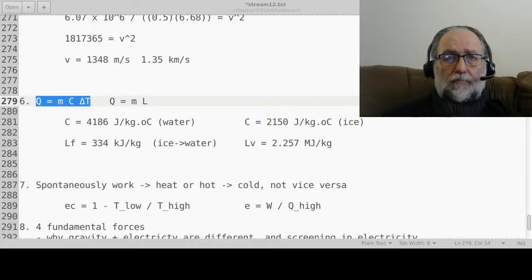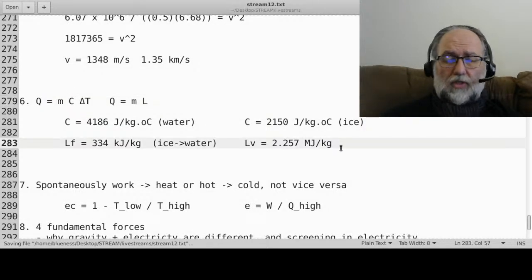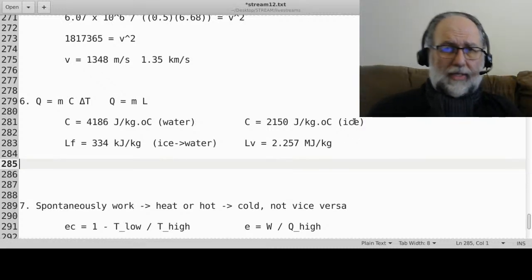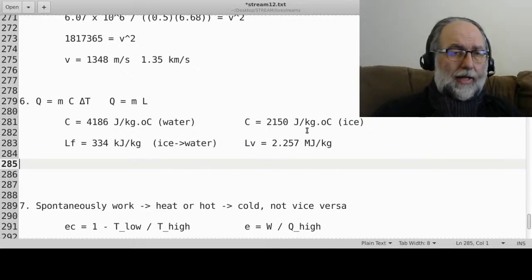Let's do a problem with that. There are lots of different problems here, but I'm just going to do one of them because I don't think it's worth laboring over a lot of different variations.